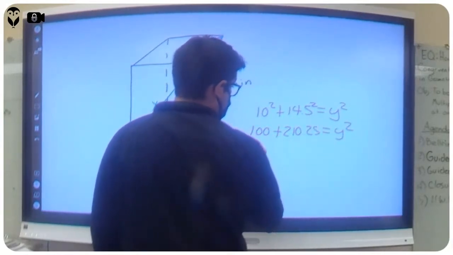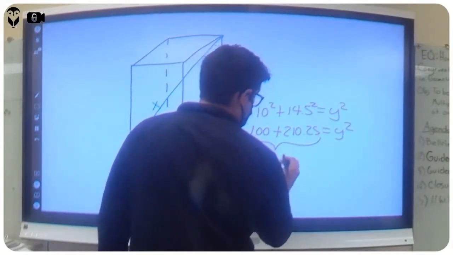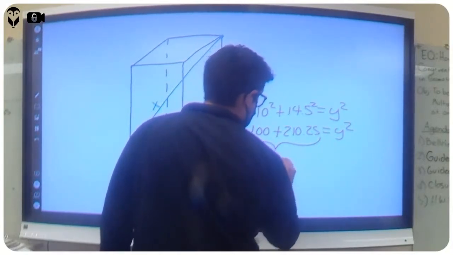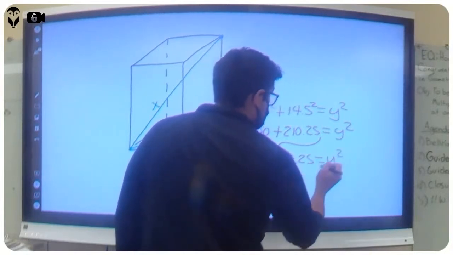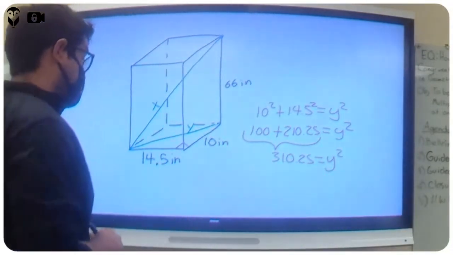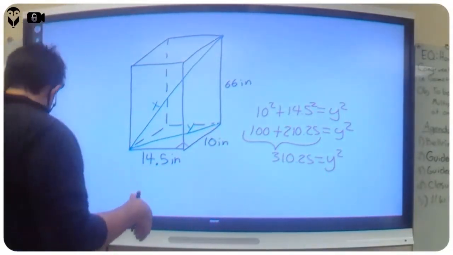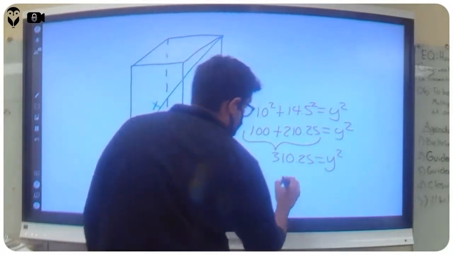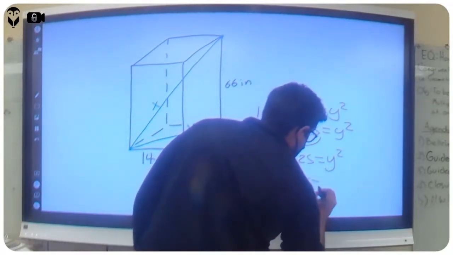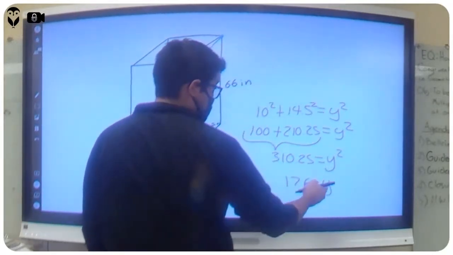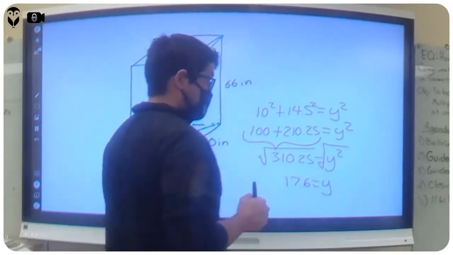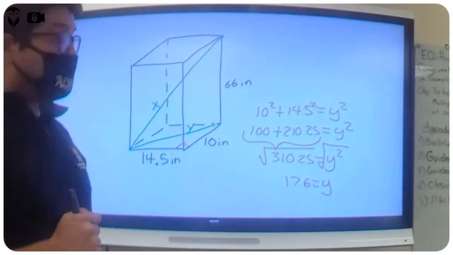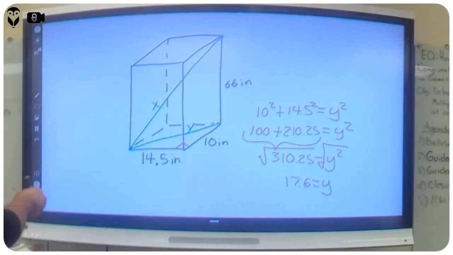Put that together, you get 310.25 equals y squared. Okay, you square root both sides, and you're going to round to the tenth, and you're going to get 17.6 equals y. How did I get that? I square rooted both sides. So now we know that y equals 17.6.